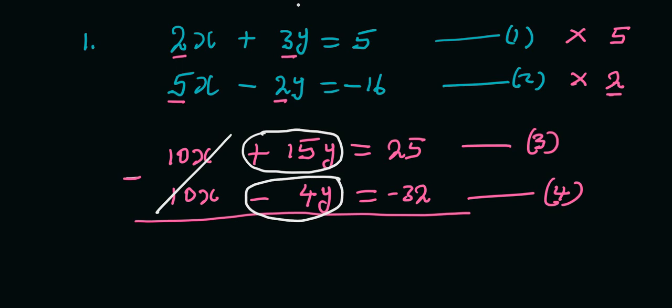So plus 15y minus negative 4y is going to give us 19y, because negative times negative is positive. So when we do 15y minus negative 4y, that's going to give us 19y.